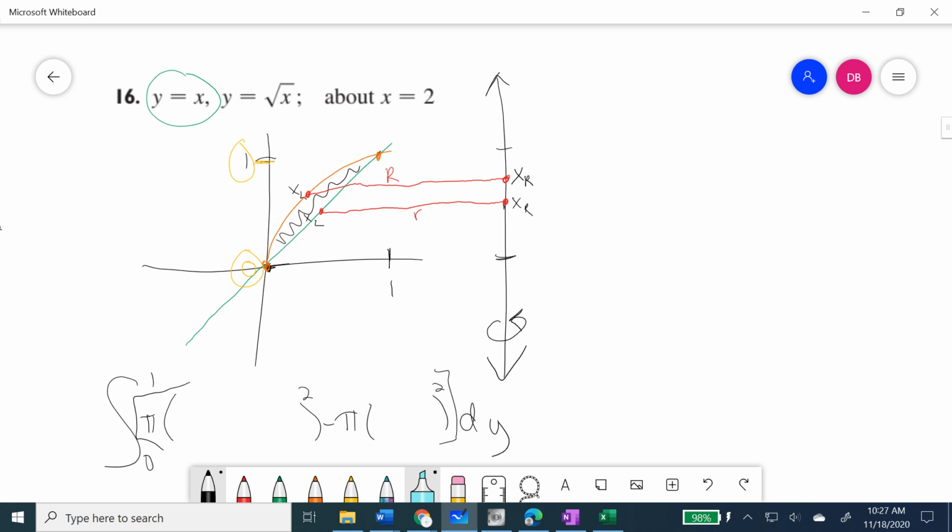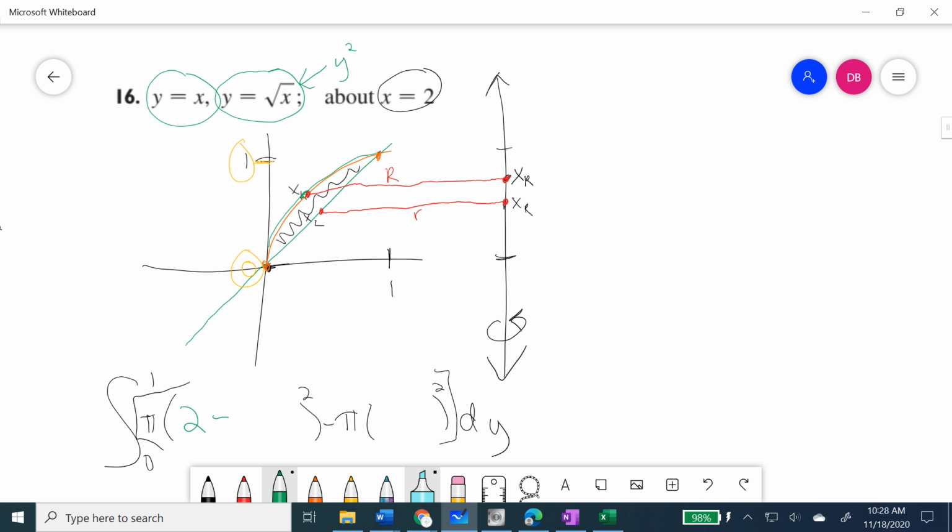So then I now want to write down my radii. My right x coordinate is 2, minus my left x coordinate. On the outer radius, it is the square root function, but I have to say what x is equal to.